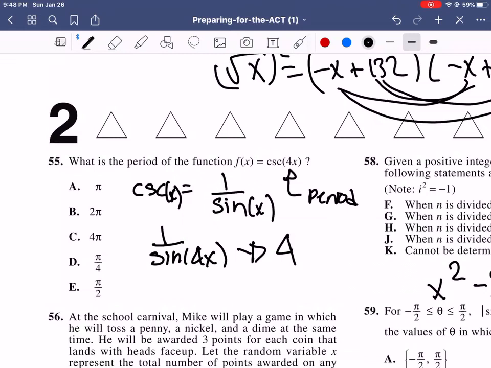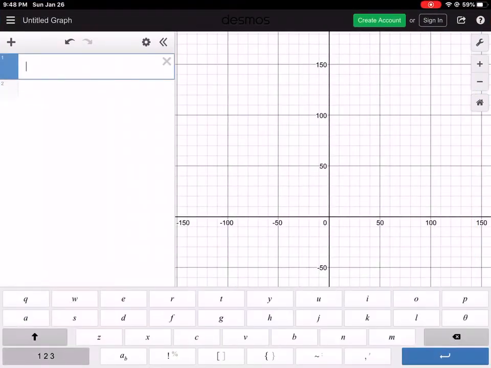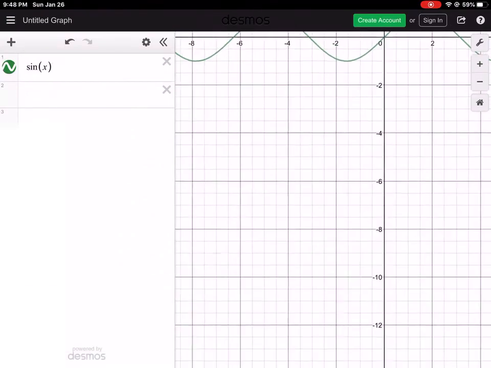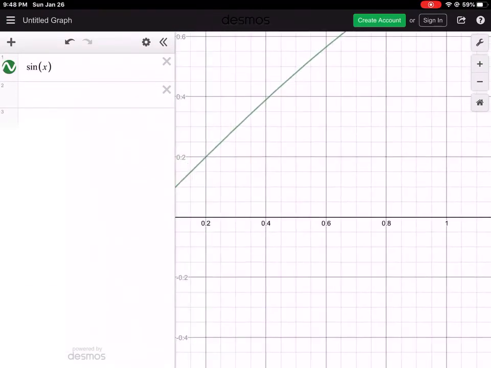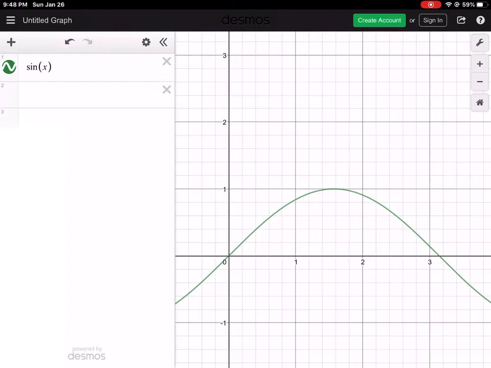So the period for cosine and sine is 2 pi. No, pi over 2. That's always the period. I'll just make sure. Let's just put sine of x. And the period is indeed pi over 2.